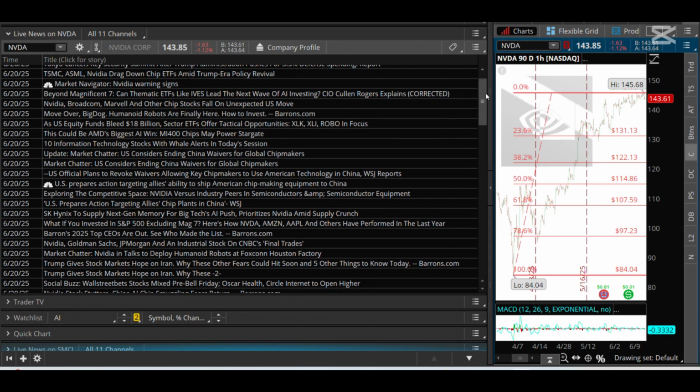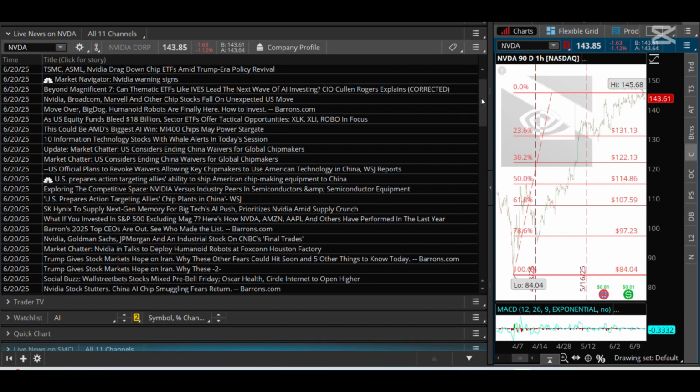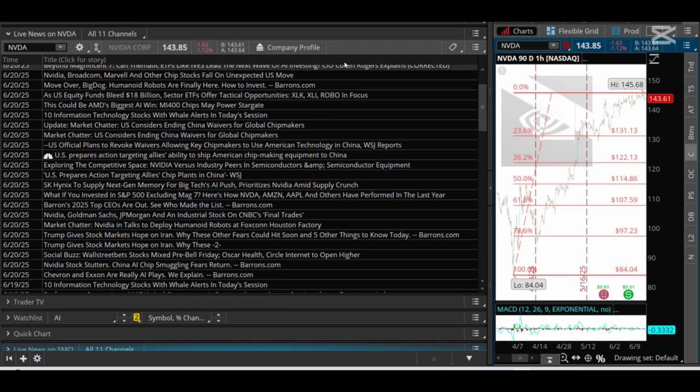Other than that, I do not see any other significant data or news that could impact Nvidia in the short term. So this China business for Nvidia continues to be at risk, and we see more impact from the Trump administration setting up new rules for Nvidia and chip makers when they export to China.